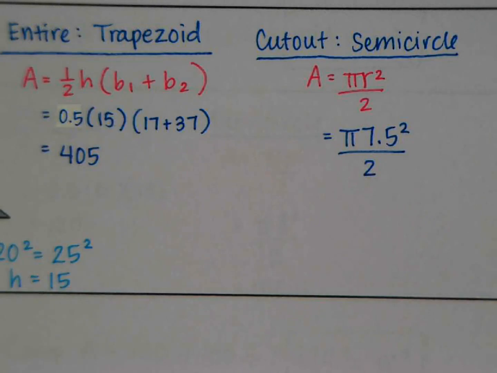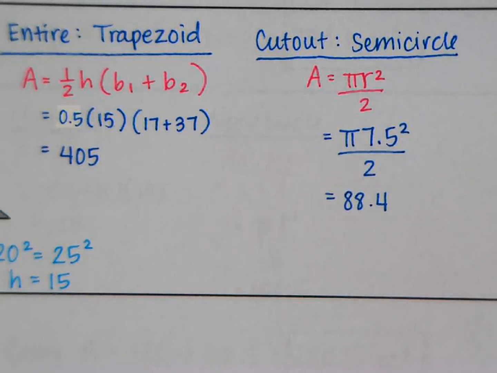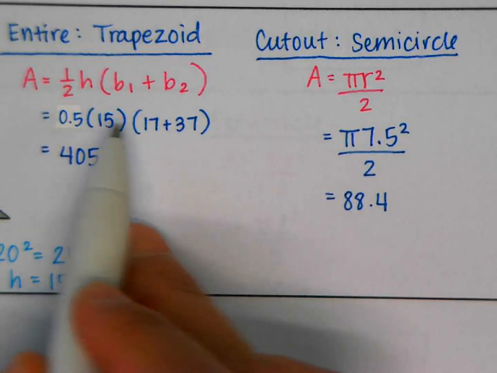That gives 88.4. And then last step, so we found the two areas. We only want the gray region, the shaded area.